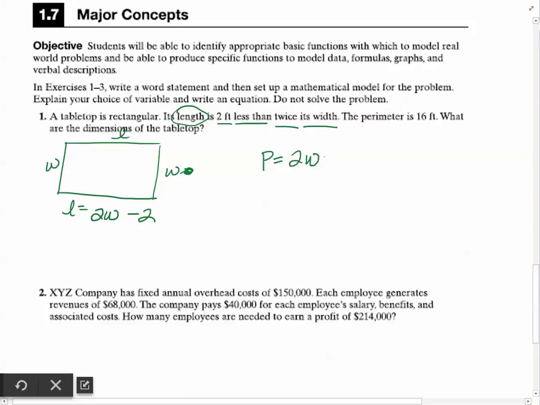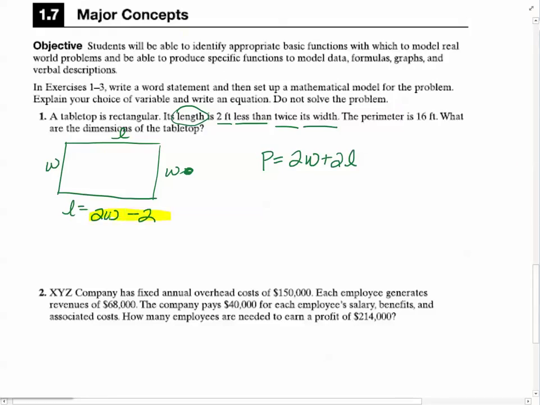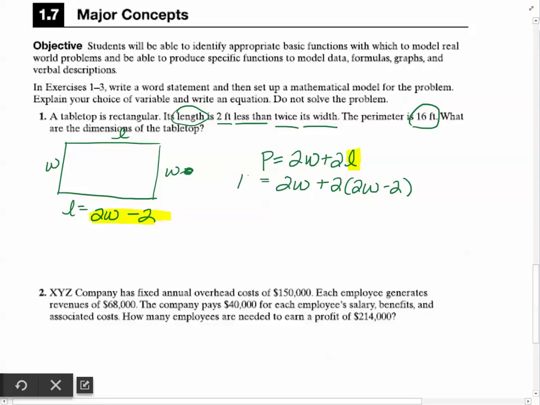So 2W plus 2L. So then I'm just going to substitute 2W minus 2 in for L. So 2W plus 2 times 2W minus 2 equals the perimeter, which they tell us is 16 feet.